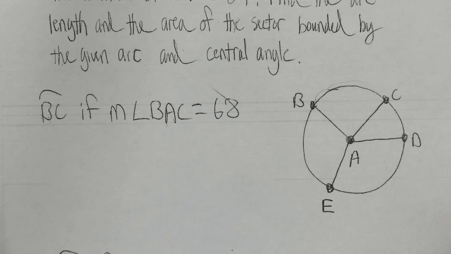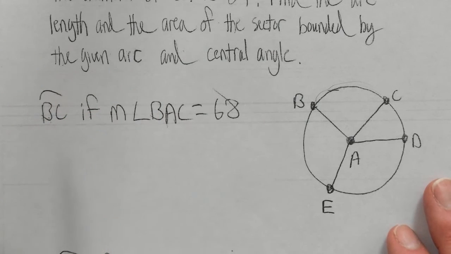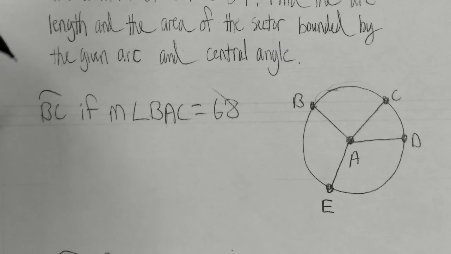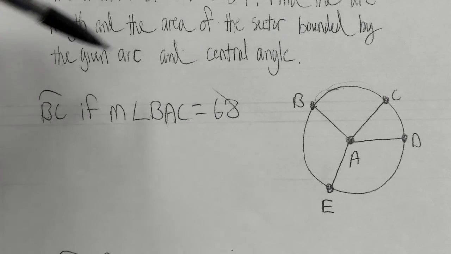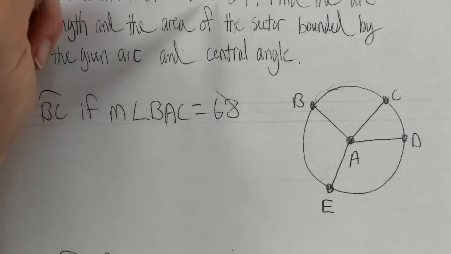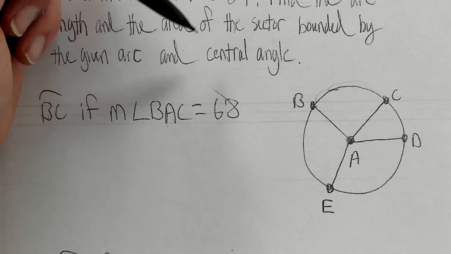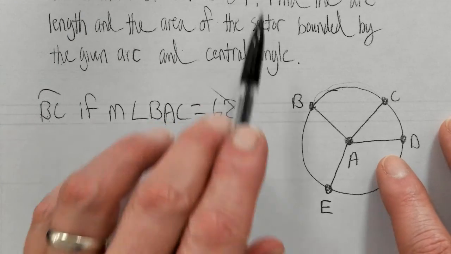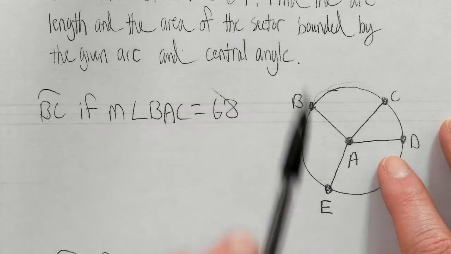Okay. So now when we're looking at this, number one, we know that the diameter is 24. So if the diameter is 24, then my radius is going to be half of that, which is 12.